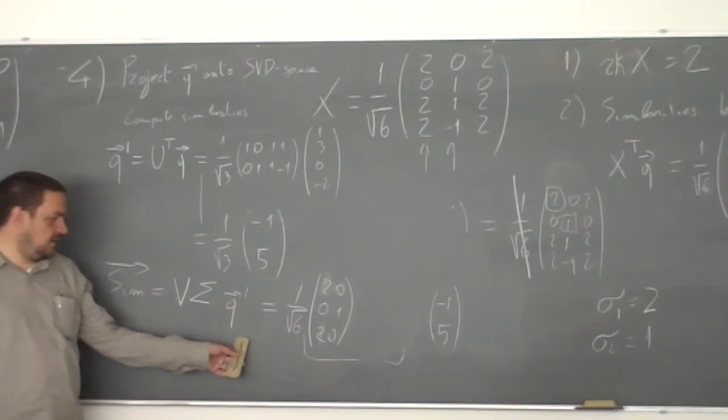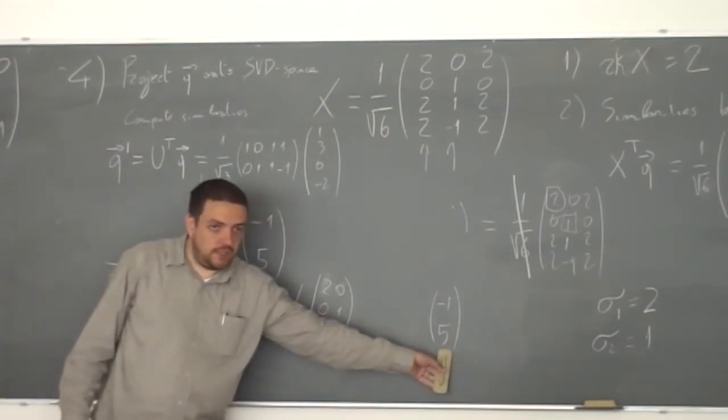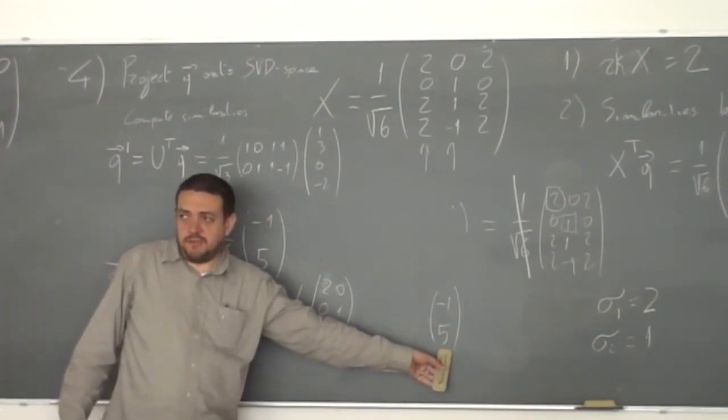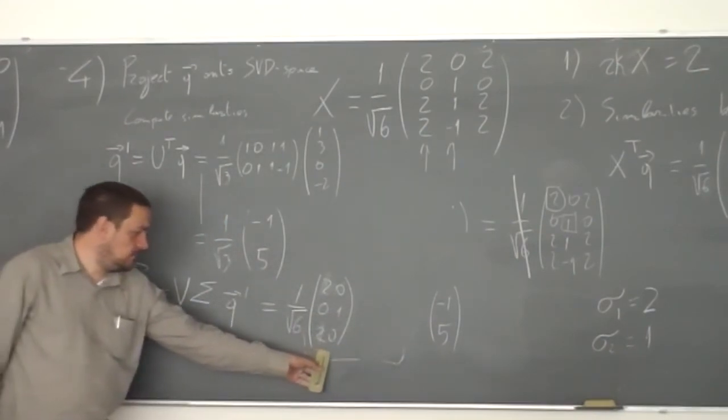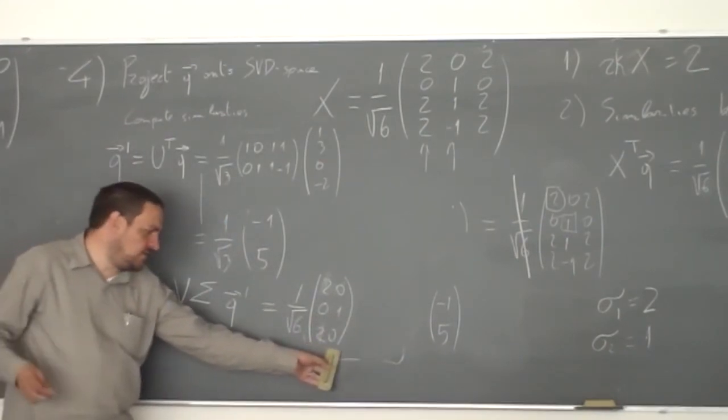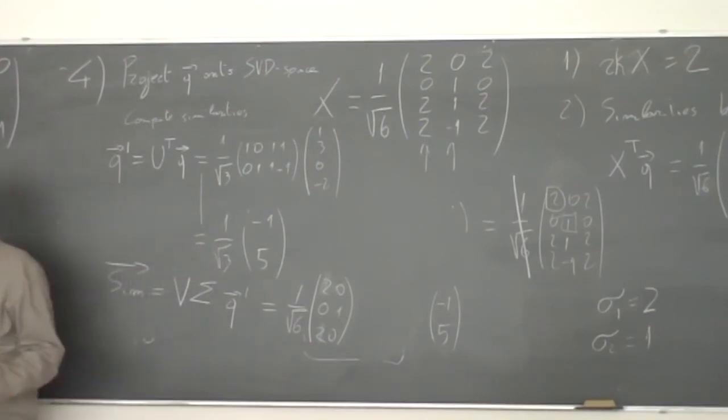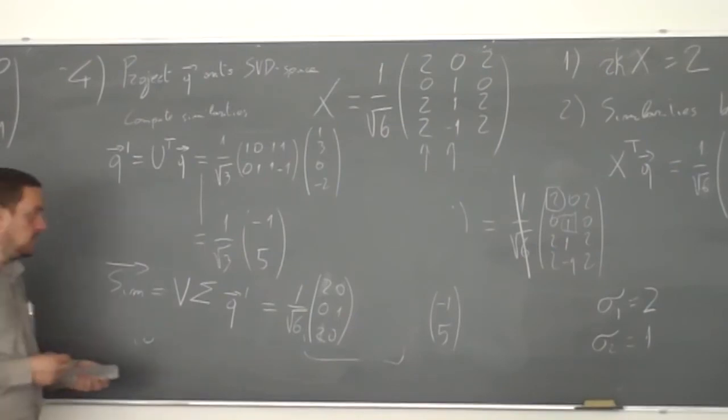So here we have the query in the SVD space and the matrix that we need to multiply it by to get similarities.